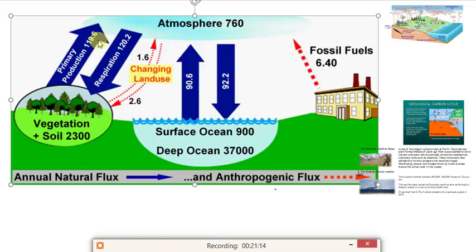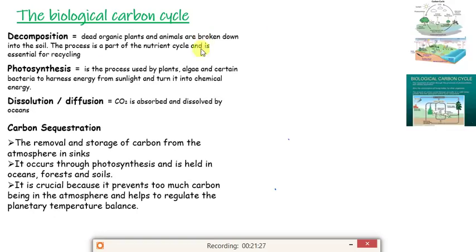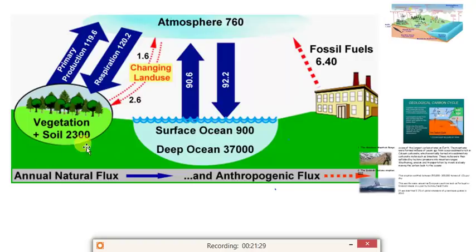So for instance, humans, what do we do? We take in oxygen and we breathe out CO2 through the process of respiring. Again, the oceans, dissolution and diffusion. And if you look at these blue arrows, generally speaking, they're in balance. There's not much between them. It's a negative feedback system, dynamic equilibrium.